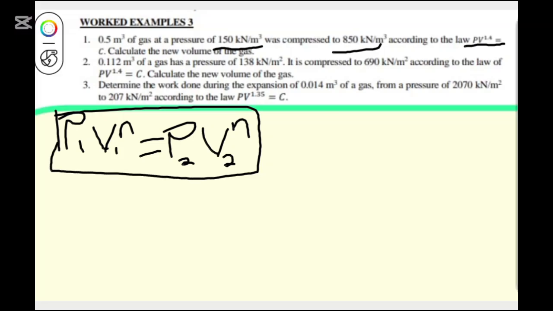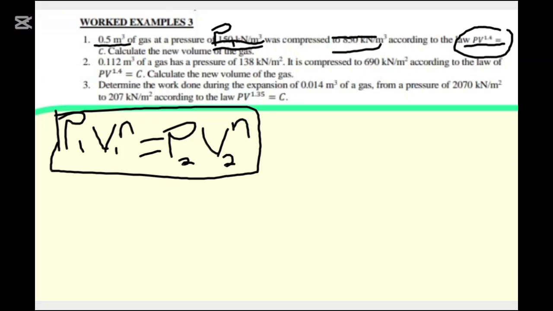Take note that P1 is 150 kilonewton, V1 is 0.5, P2 is 850 kilonewton per meter square, and the value of N is 1.4.